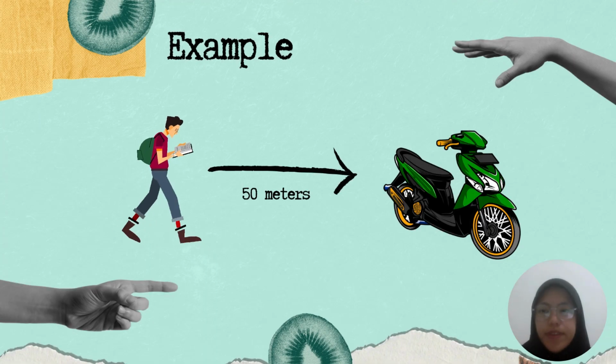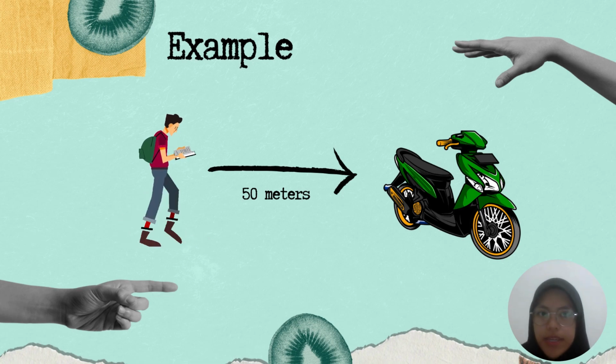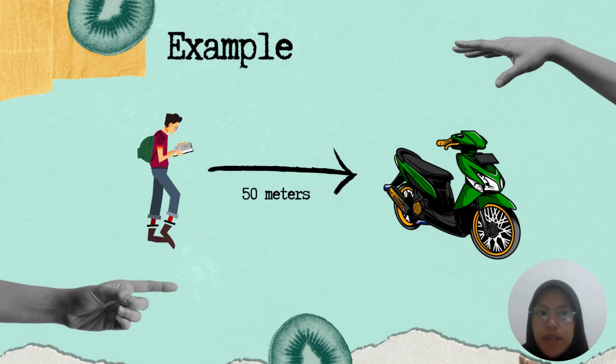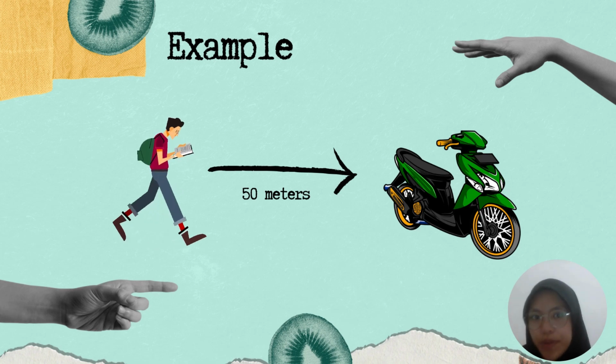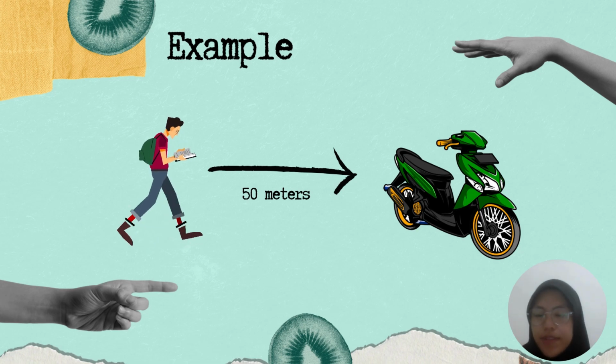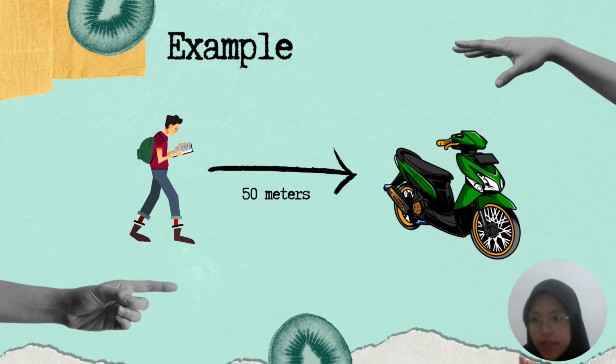Now, let's move on to an example of vectors to help you understand better. Imagine you're in a park and you want to describe the motion of a person walking from one point to another. In physics, we have two different quantities, which are scalar quantity and vector quantity.